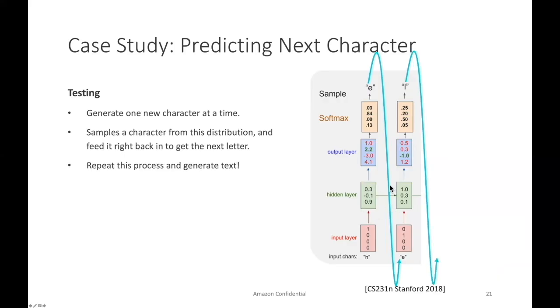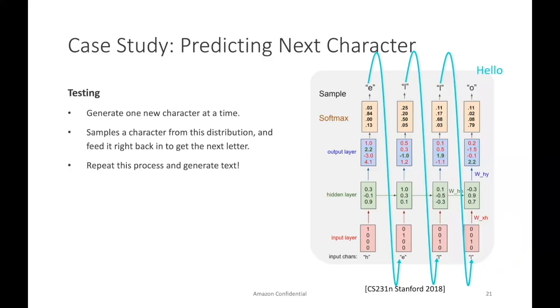So we keep doing that. We keep feeding the next letter that is generated in the previous time step continuously into the RNN, and that helps us generate the overall text. This is called autoregressive generation. Autoregressive means that you are taking the previous time step's result and using it as input to the next time step for generating again.